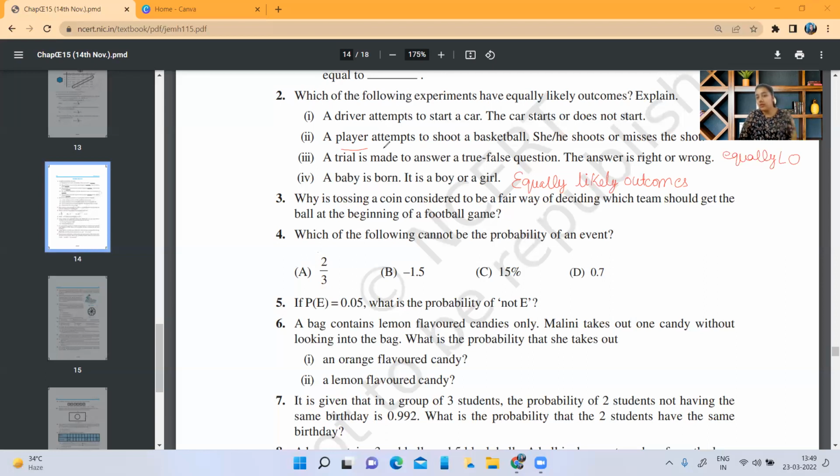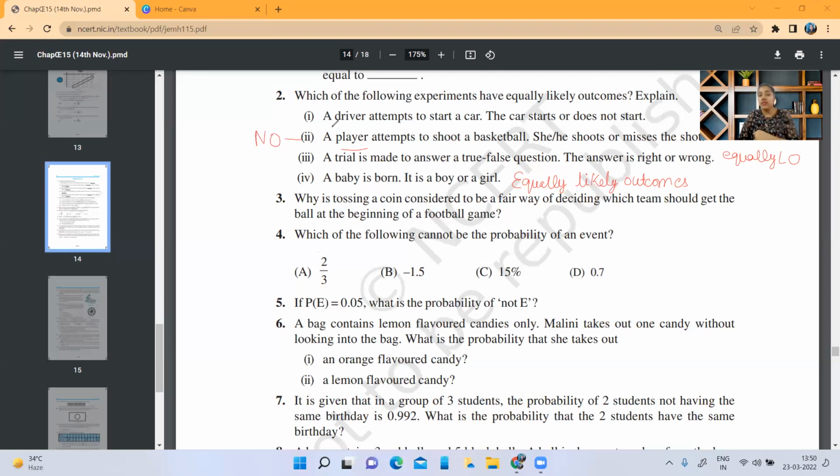If the player is weak, you will say that 90% the player will miss the shot. And if the player is actually a national level player who has played a lot, there are high chances that she will not miss, so you will say 90% she will not miss and maybe 10% she can miss, because we don't know the situation. So is it an equally likely outcome? No, it's not an equally likely outcome. So you just write no here.